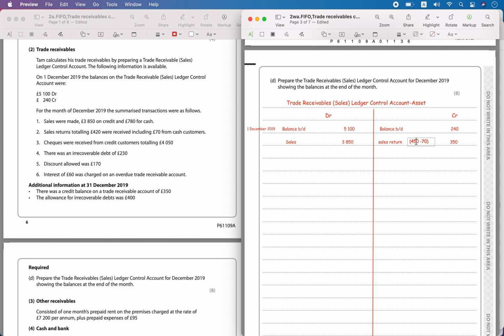So 420 minus 70, that is equal to 350 pounds.